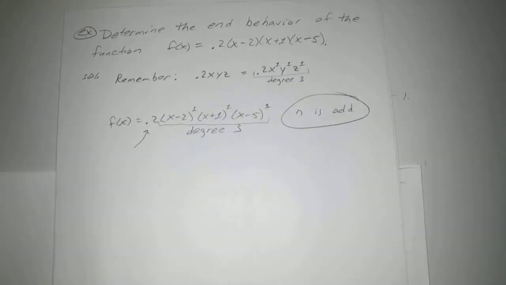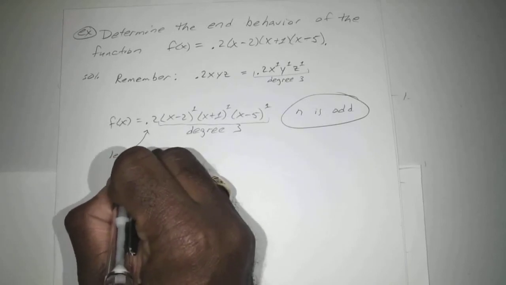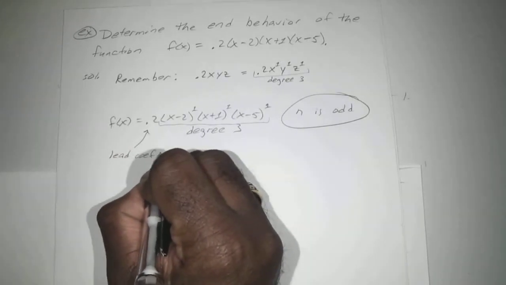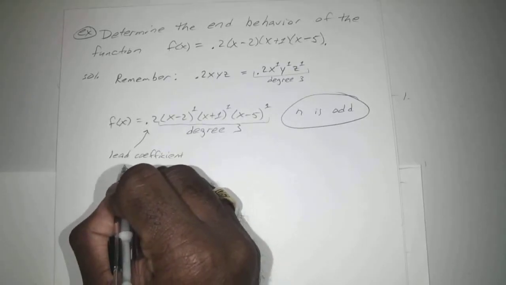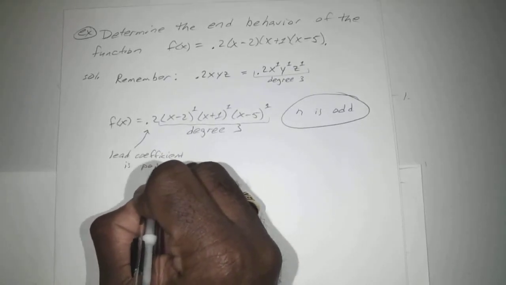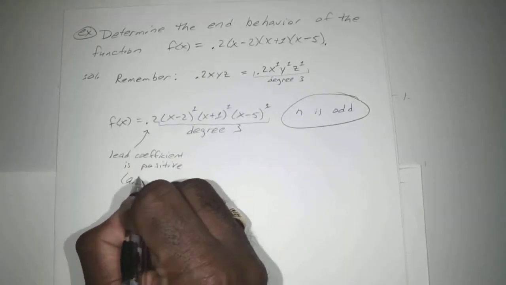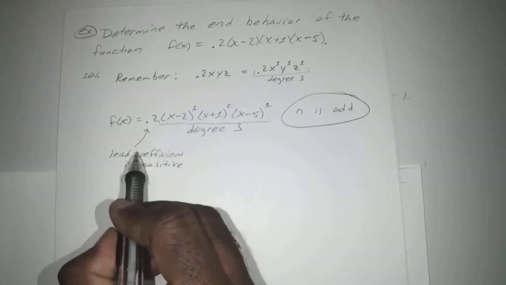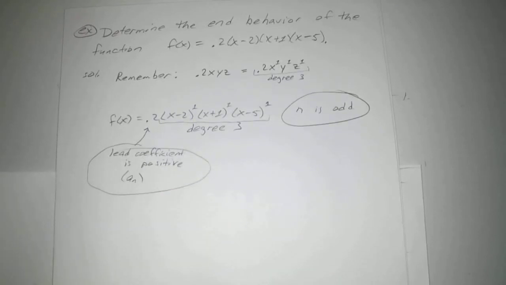Even though it's just 0.2, our lead coefficient is positive, because remember, this is your a sub n. So you have a positive lead coefficient and n is odd.